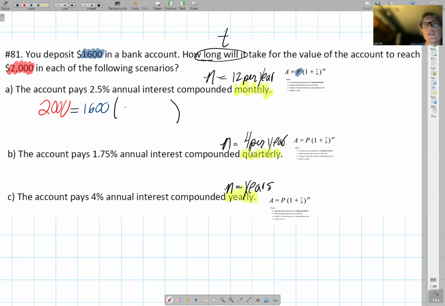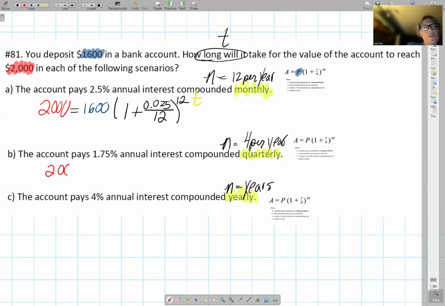So this first one is going to be 1 plus your rate, which is 0.025 over 12 times, and this is 12 up here, and then you're going to solve for T, just like the previous one. This one is the same equation, same scenario.